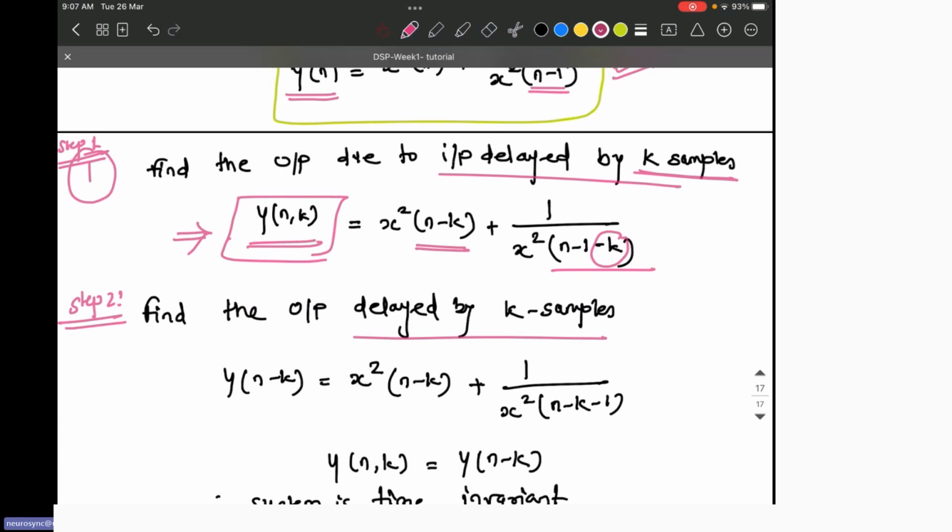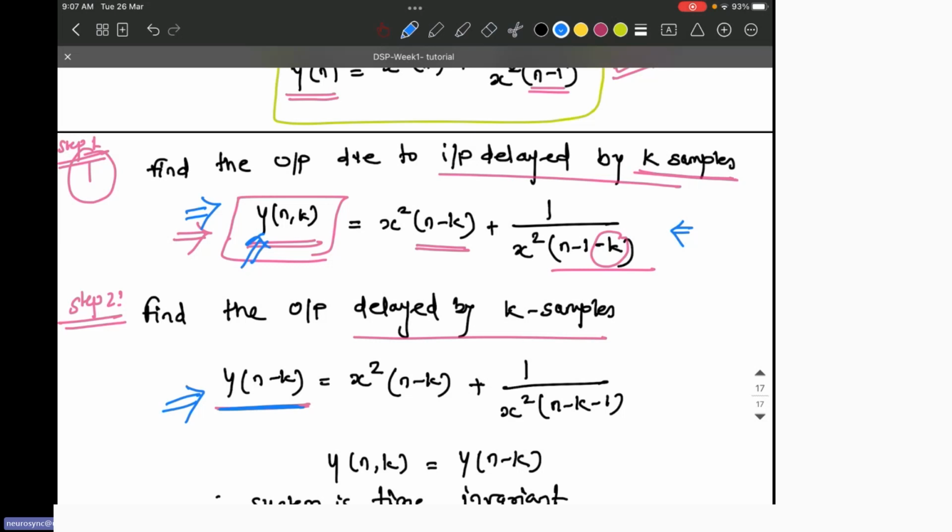So output delayed by the k samples is what? y(n minus k). This is the representation when your output is delayed by the k samples. In this case only the output is delayed. In the earlier case, the input is delayed. Please remember this thing, okay? We are delaying the input and finding the output. Here only the output is delayed by k.